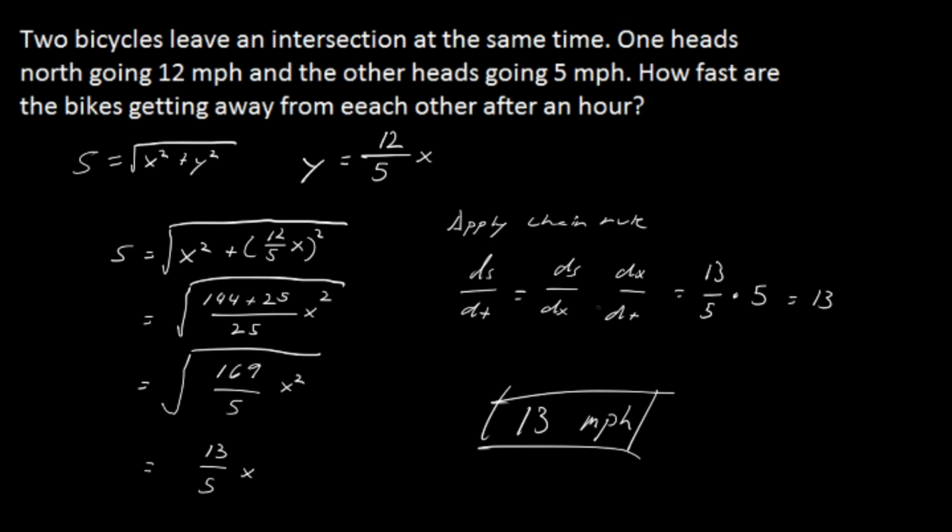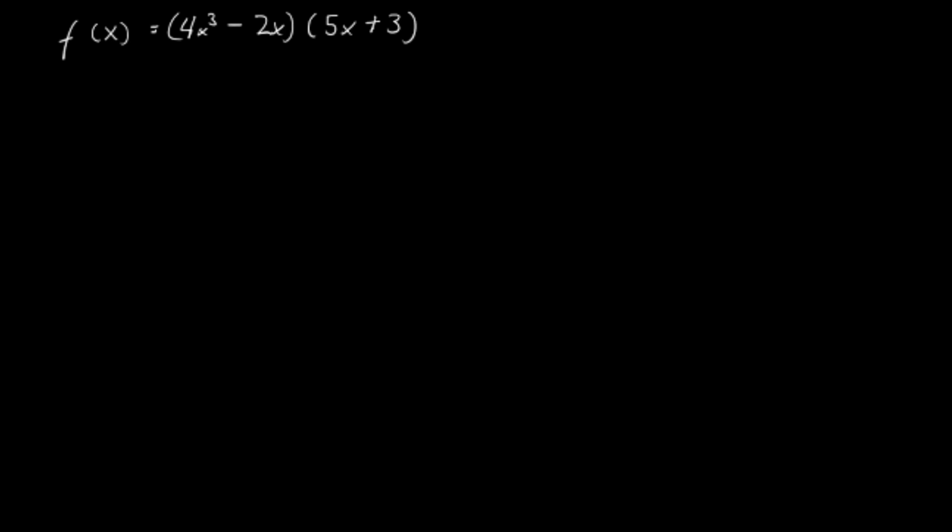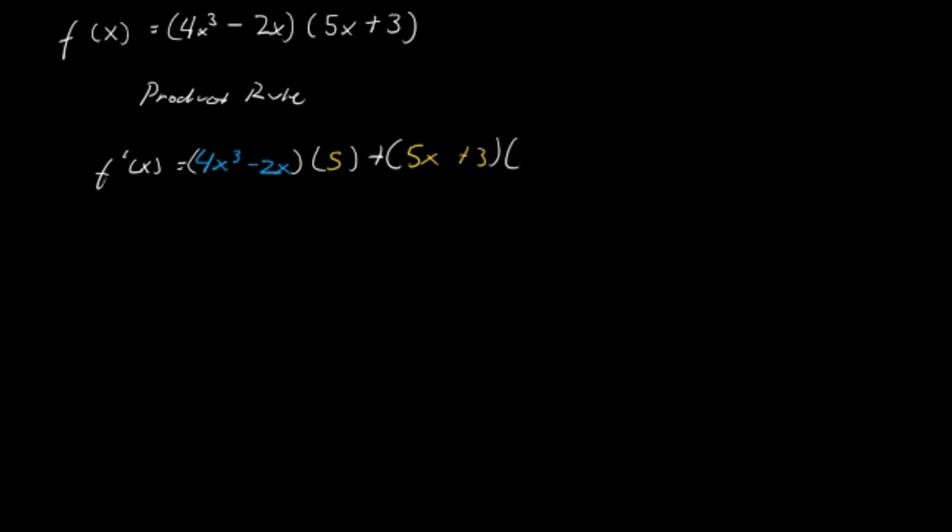Lastly, let's solve a complex function and compute for its first, second, third, and fourth derivatives. The given complex function is f of x is equal to (4x cubed minus 2x) times (5x plus 3). We will use the product rule to find its first derivative. F prime of x is equal to (4x cubed minus 2x) times 5 plus (5x plus 3) times (8x minus 2).